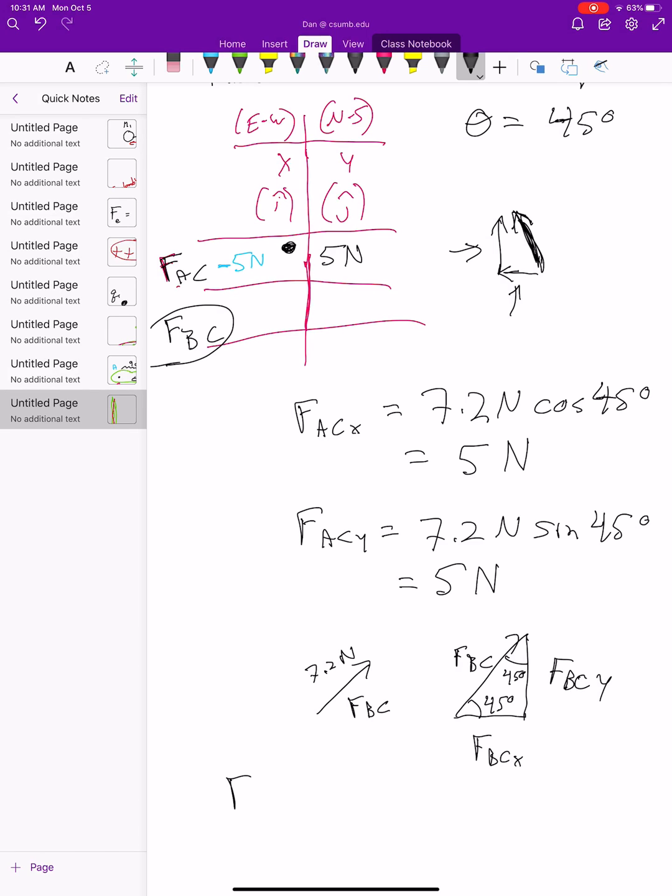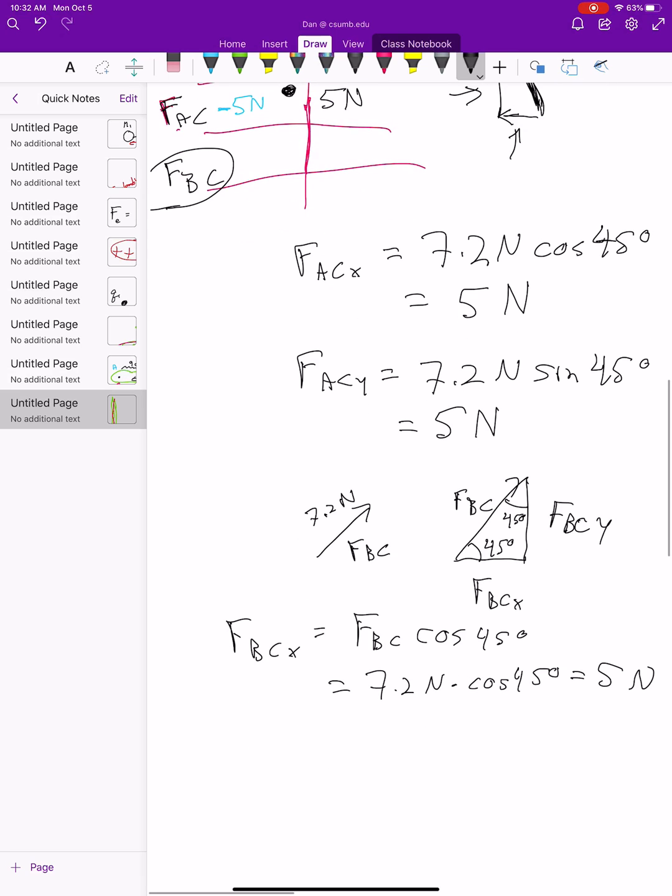FBCX is equal to FBC times the cosine of 45 degrees. 7.2 newtons times cosine 45 degrees is 5 newtons. Similarly, FBCY equals FBC times the sine of 45 degrees, which is also going to be equal to 5 newtons.